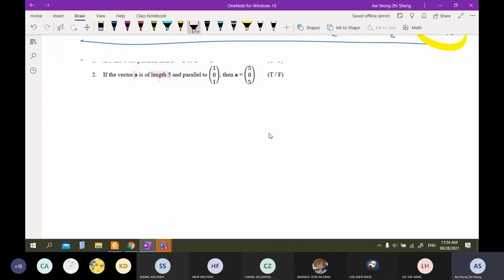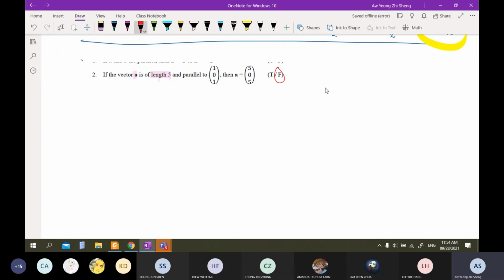Well, the answer is actually false, but up until now, nobody has stated the most obvious reason yet. So I'm still waiting for somebody to state the most obvious reason. Yeah, the length is not equal to 5.